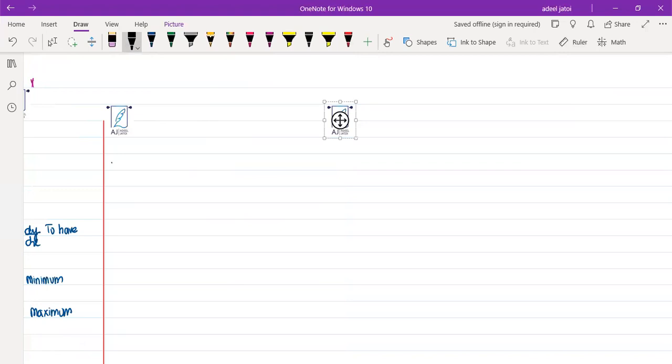That means y is to be differentiated to get dy upon dx, the gradient equation.